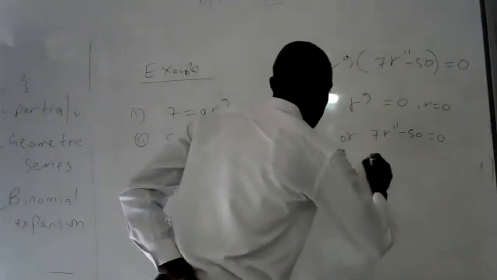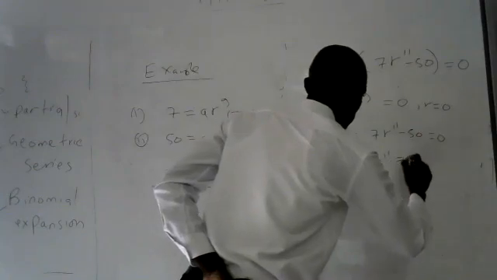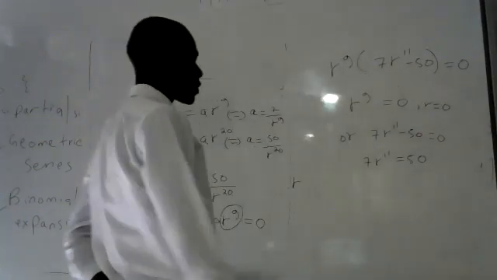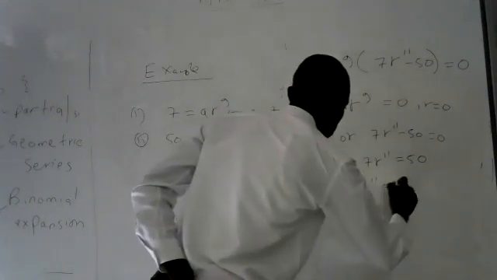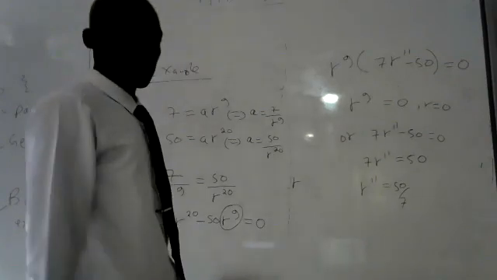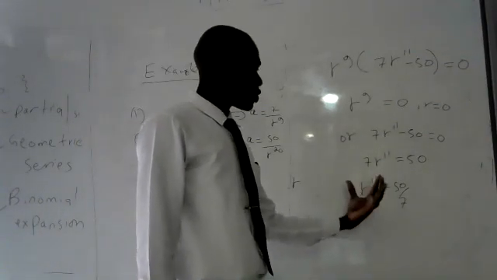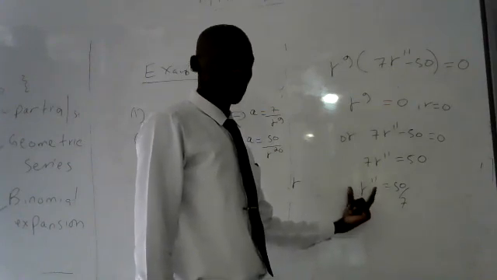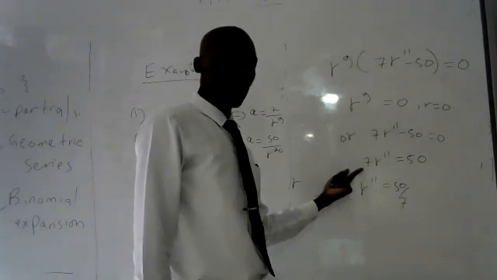Now here, this is the same as 7R power 11 is equal to 50. You can make R power 11 the subject. So R power 11 is 50 divided by 7. Now you have R power n is 50 divided by 7. We gave a general solution for nth power. So this is called a power equation. R raised to some integer power.